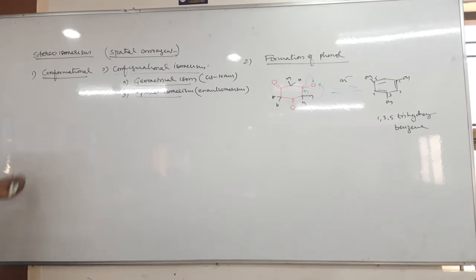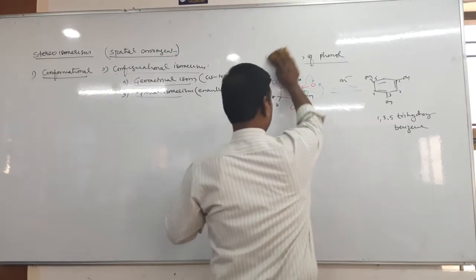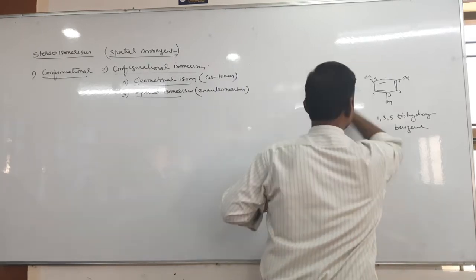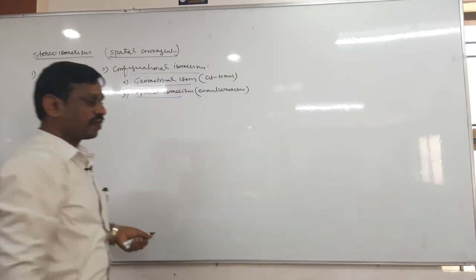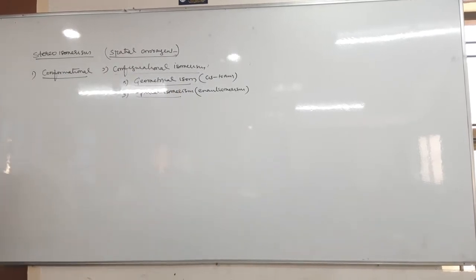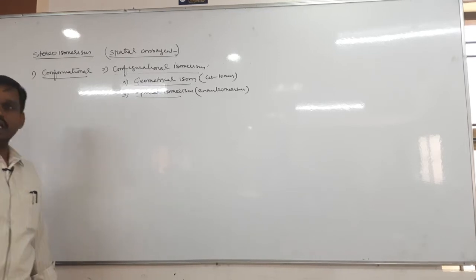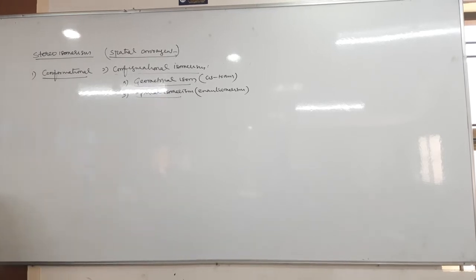Take this as such. It is of two types: conformational and configurational. Configurational is further classified into two types: geometrical, also called cis-trans, and optical, also called enantiomerism.